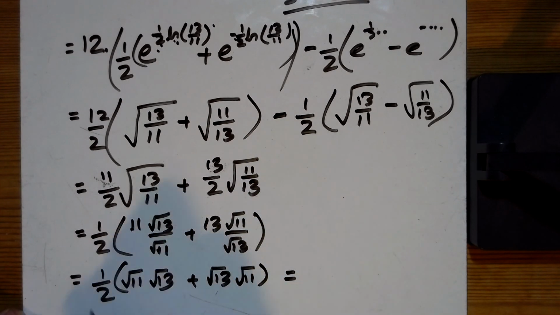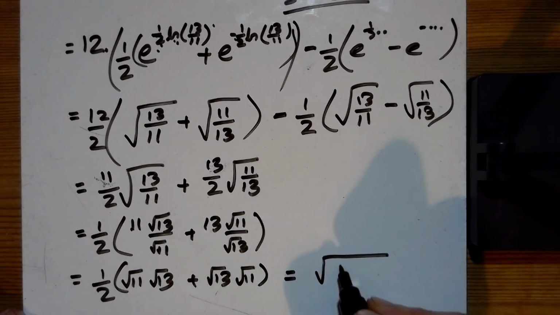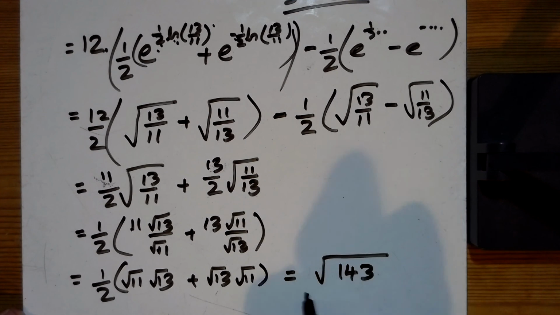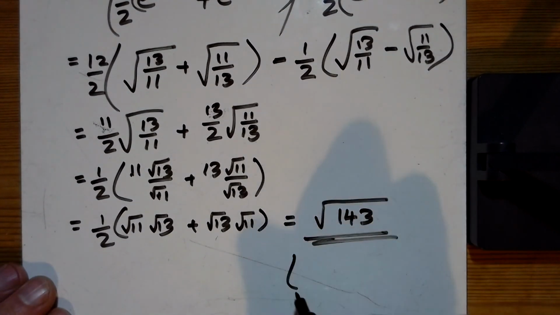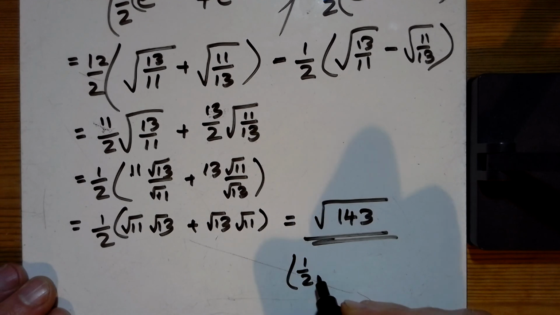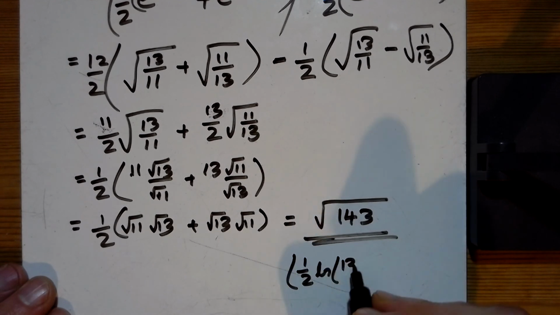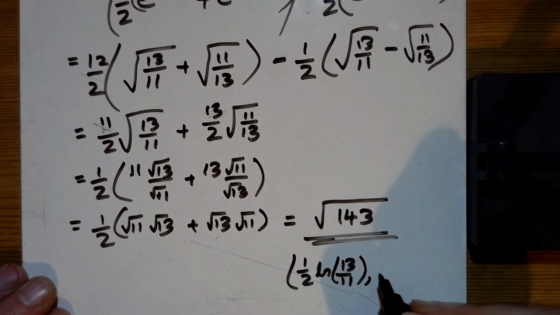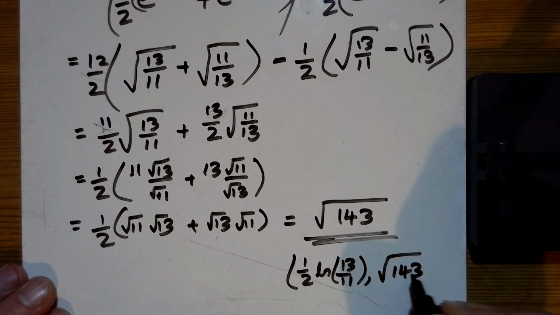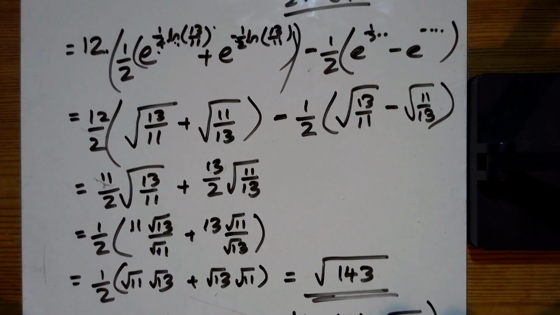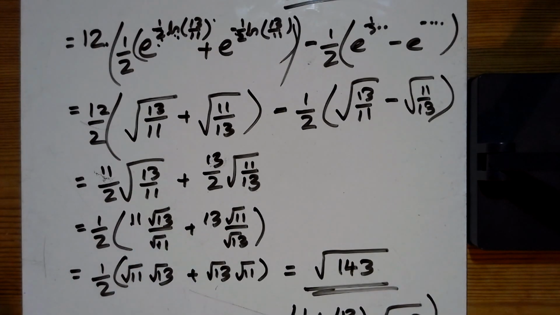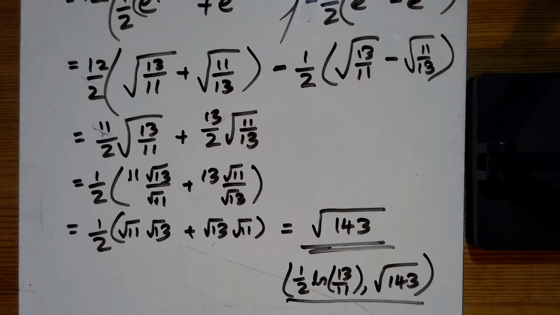There's 2 of those cancelling with that. So what are 11 13s? 143, isn't it? So I think I've got root 143. So my answer is the x coordinate is a half ln 13 over 11, and the y coordinate is root 143. Sorry about the plus minus error there, happens to all of us. There was a lot to think through there, and I think that is right.